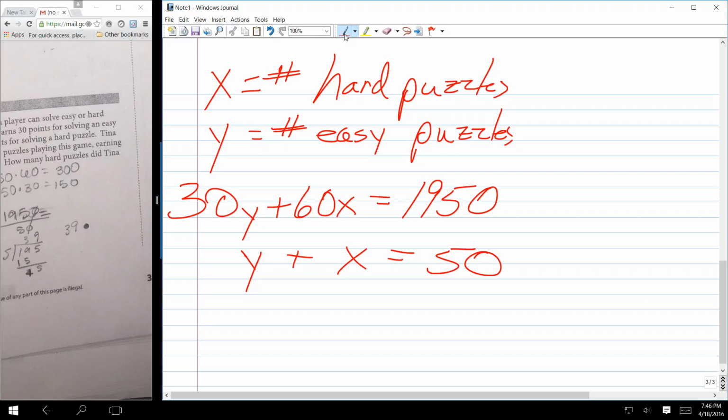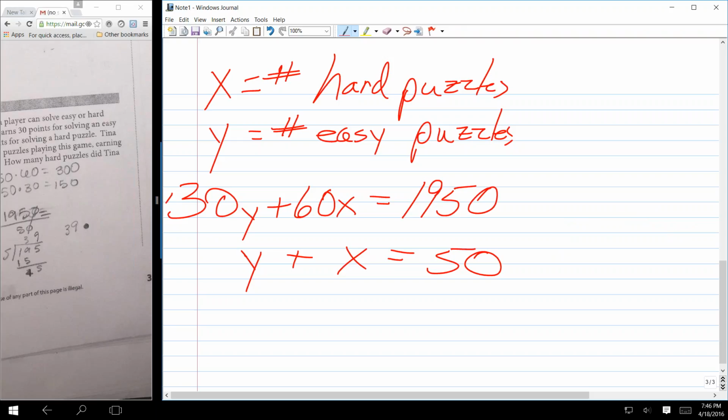Elimination, I have found, is always easier if both equations are in standard format, as these are. I don't have y equals 50 minus x. They gave it to me in standard format, y plus x equals 50. So let's use elimination to solve it.